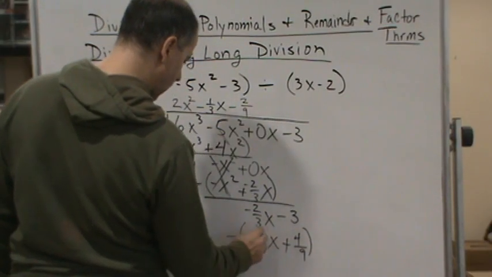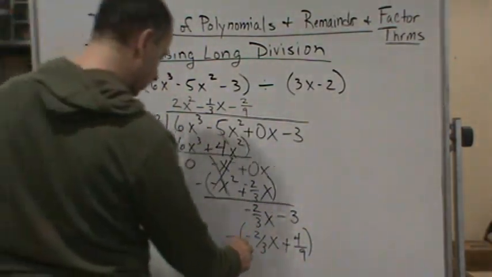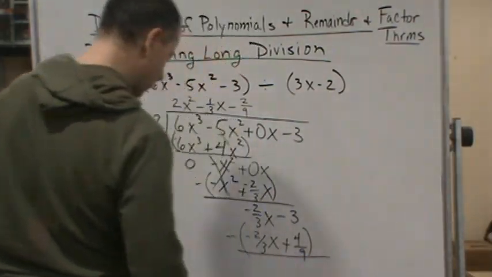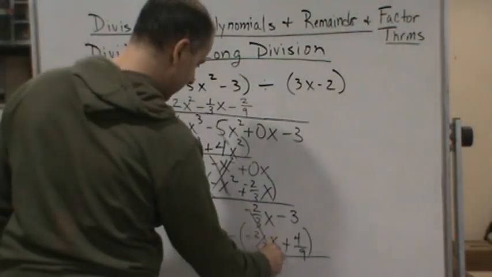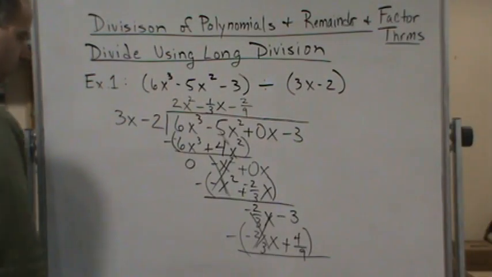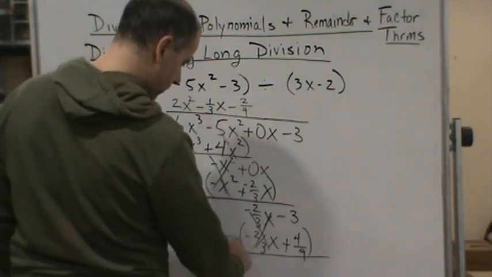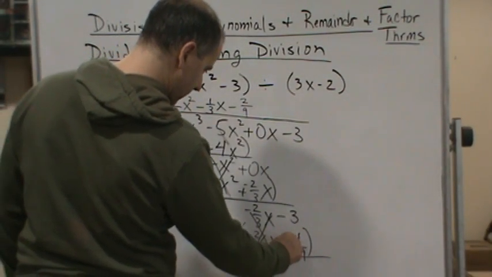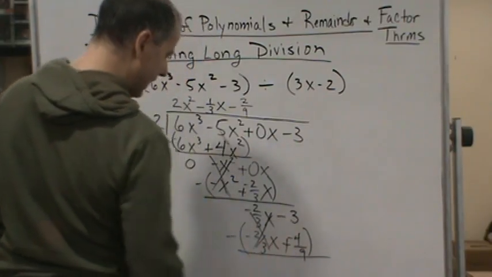Now I'm going to subtract again, and again these terms cancel. I'm distributing the negative sign, so this will become negative, and now I'm going to add these.